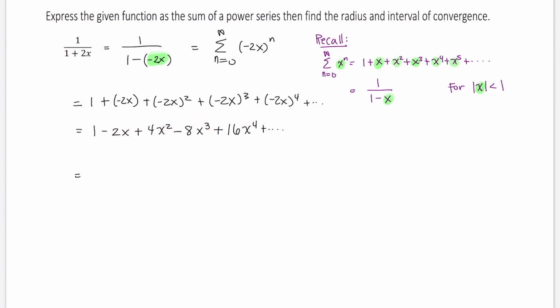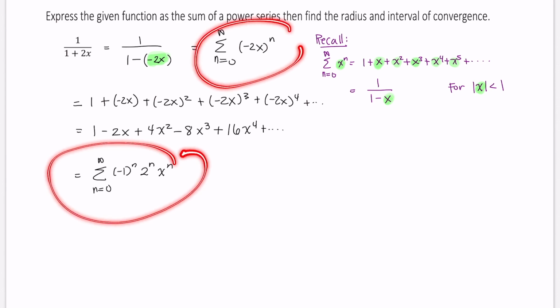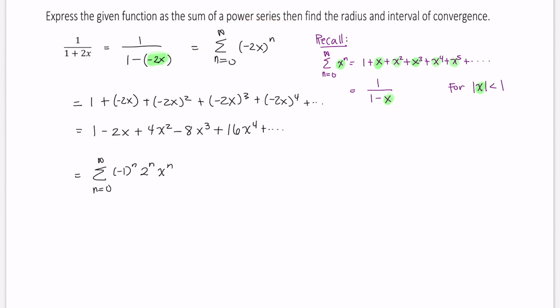And we always have to account for that negative, so let's do that first: negative 1 to the n, 2 to the nth power, and x to the nth power. And let's see if this series matches up with this one. Well, if I were to split this one up, I'd get negative 1 to the n, 2 to the n, x to the n.